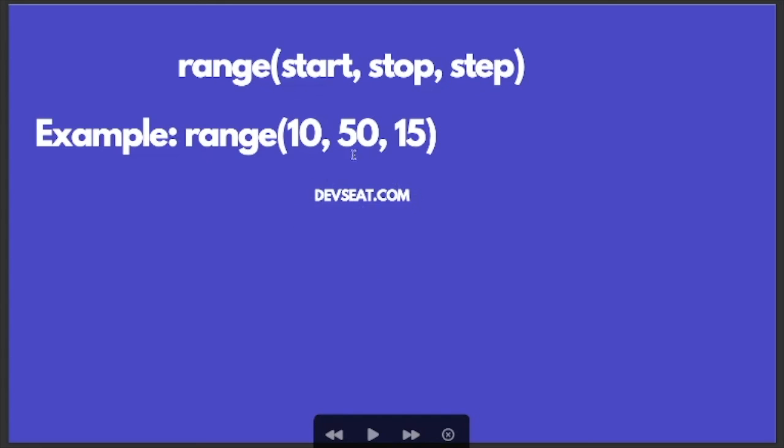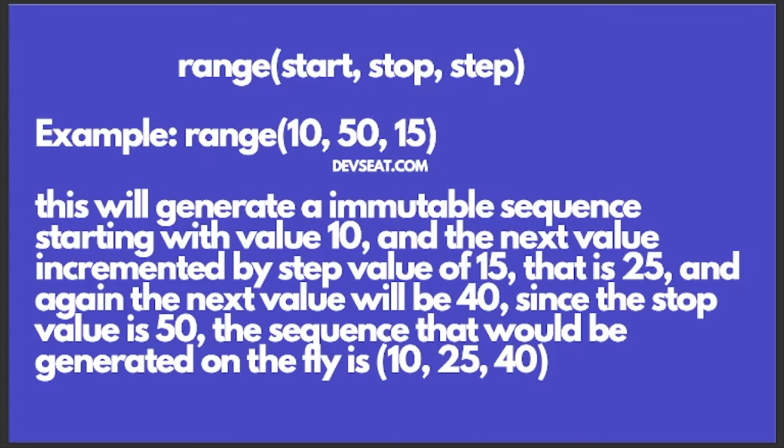Then 25 plus the step again, that is 25 plus 15, 40. So 10, 25, 40 will be created, and 40 plus 15 will be 55. But the stop value is 50. That means the elements that get generated on the fly here are 10, 25 and 40.